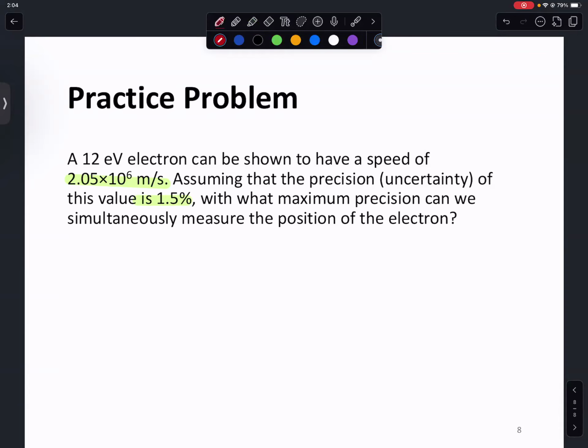I forgot to put the mass of the electron, so we can say that the mass of one electron right here is 9.109 times 10 to the negative 31st kilogram.